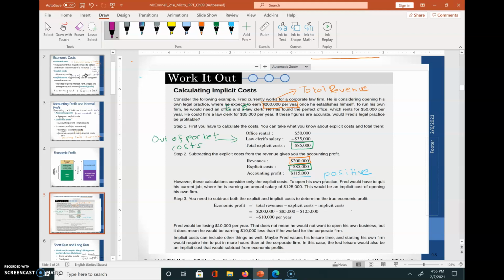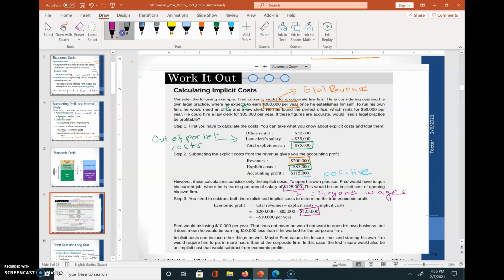To open his practice, Fred would have to quit his current job where he is earning an annual salary of $125,000. So this is implicit cost, and I would say this is an example of foregone wages. This is implicit cost.